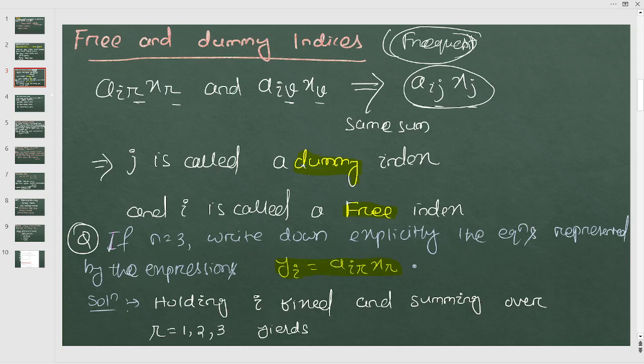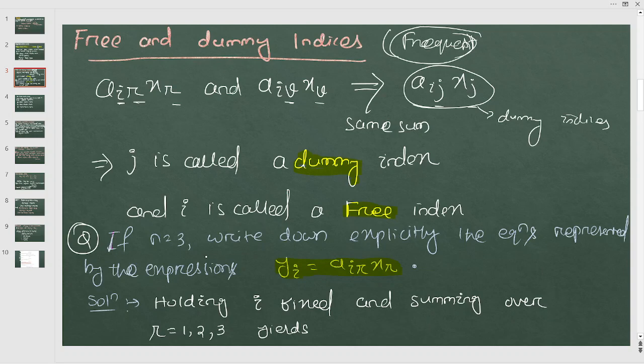These are called dummy indices. j is called the dummy index, which is why I can replace j and write any other index. Dummy means its photocopy type. And i is called the free index, because i counts only one time, that's why I am calling it a free index. See, a question I have taken here: if n is equal to 3, write down explicitly the equations represented by the expression y_i = a_ir x_r.